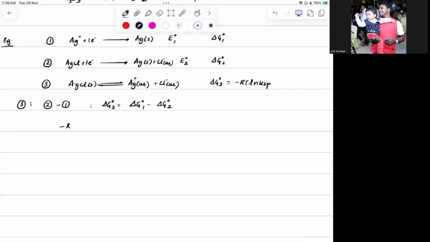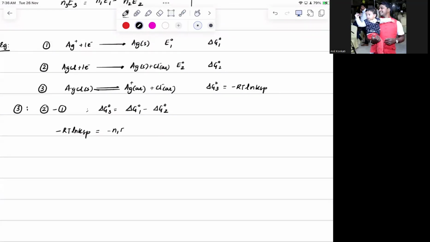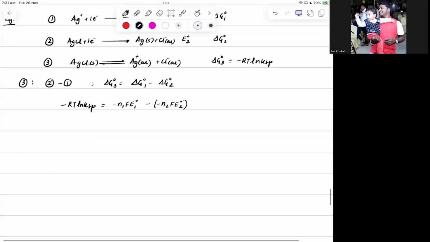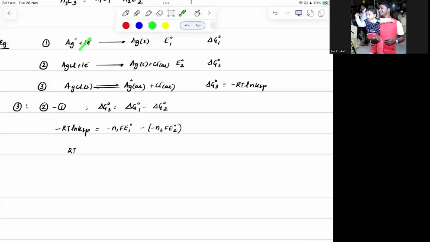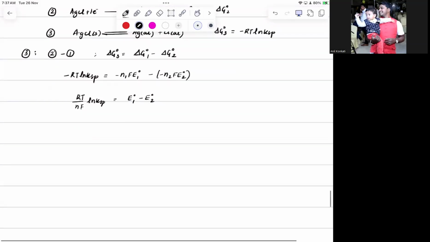Therefore, minus RT ln KSP is equal to delta G naught 2, which is minus N2 F E naught 2, minus of minus N1 F E naught 1. If you remove the minus also, I'll get RT, and if you notice, the N factor is same in both the cases, so it will be RT by NF ln KSP, that is equal to E naught 2 minus E naught 1.